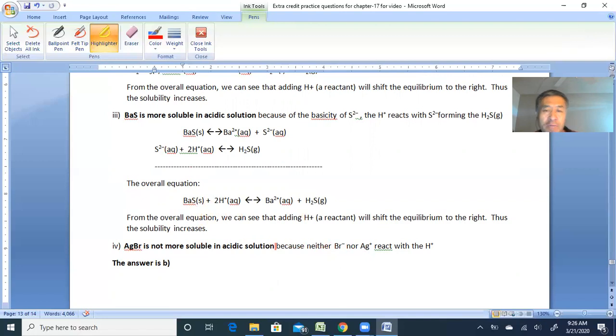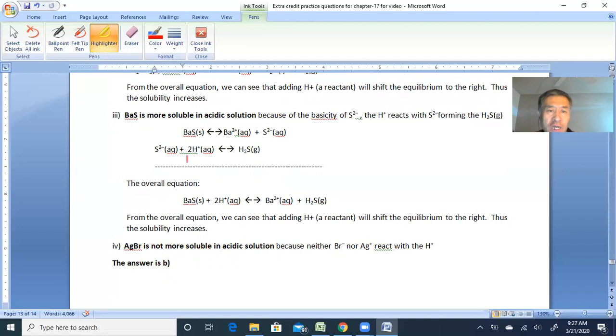That is not a basic anion, and also Ag+ does not react with H+. So really, they are not very active with the acids. Therefore, this salt is not more soluble in acidic solution.